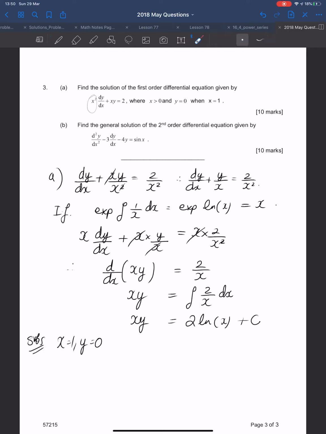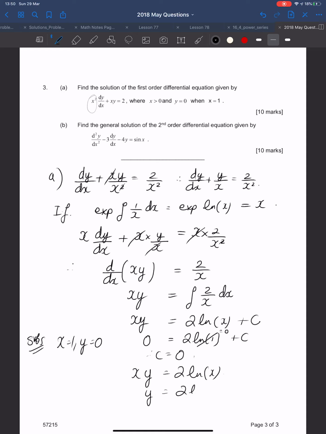This here comes from the question. x equals 1, y equals 0. So 0 on that side. 2 ln 1, well that's 0 as well, plus c. So c is 0. So we've got x times y is 2 ln x. So y is 2 ln x divided by x.